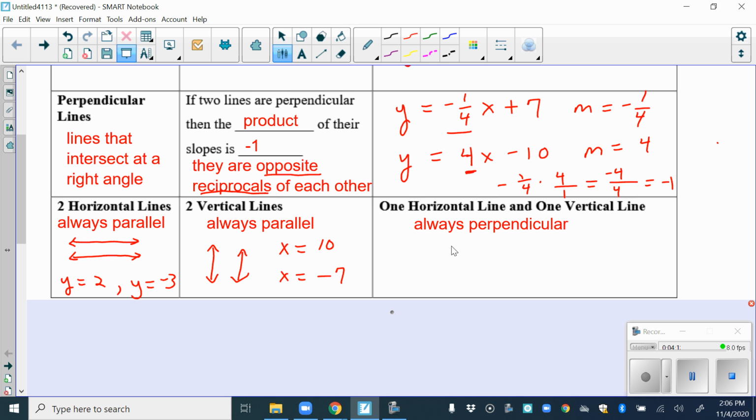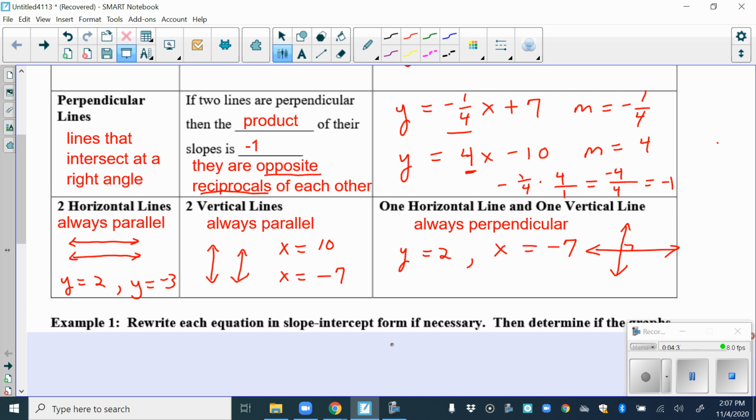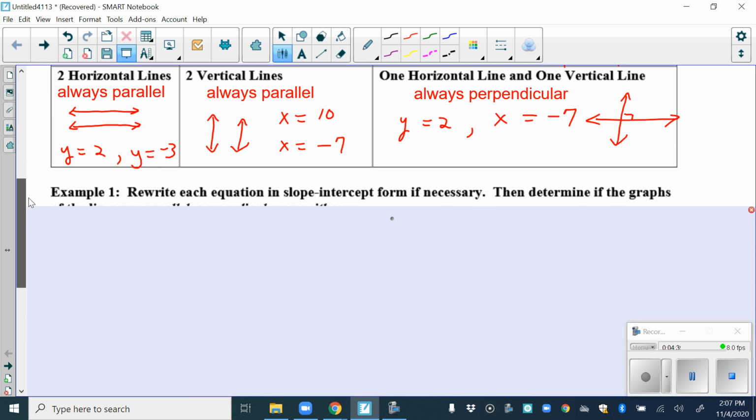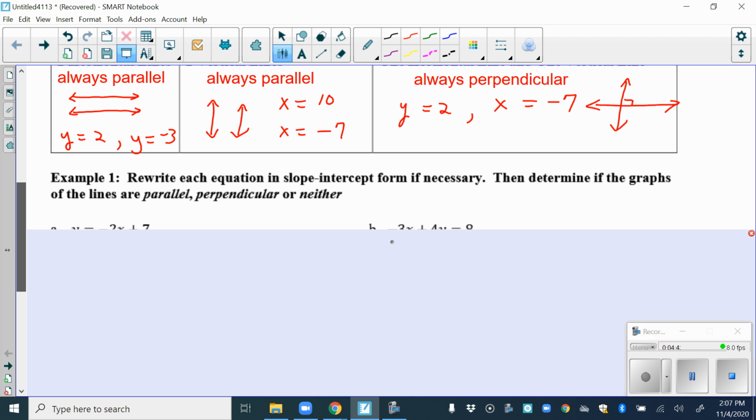If we have one horizontal line, like y equals 2, and a vertical line, x equals -7, we know those will always be perpendicular to each other, because we've got one that is going vertical and one that's going horizontal, so they will always form a right angle.